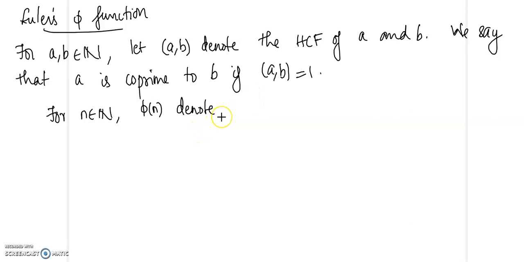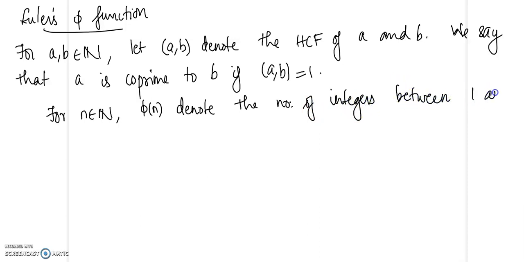So the Euler's phi function denotes the number of integers lying between 1 and n which are co-prime to n.